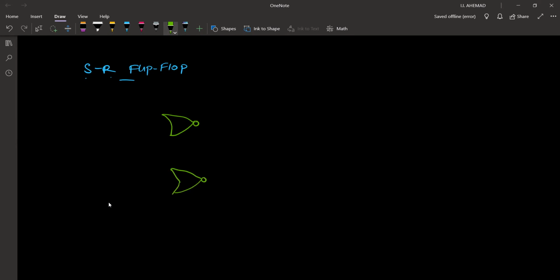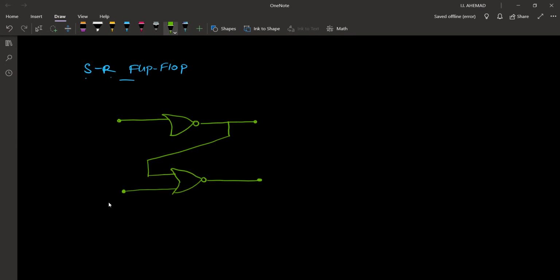Take an input here and take one input there. Next, draw the output. Connect the output from this to the input of the other.